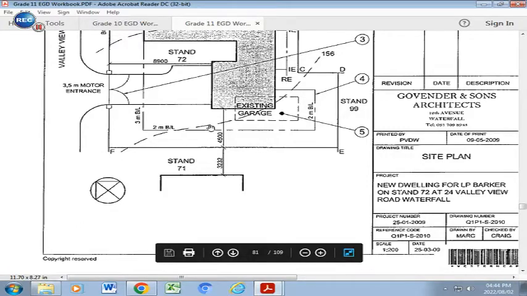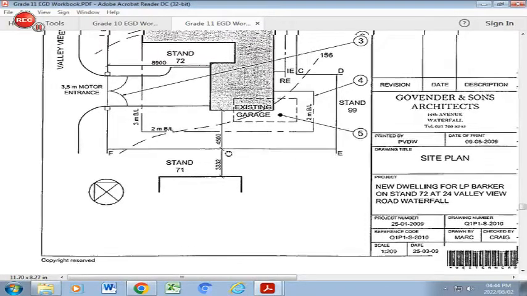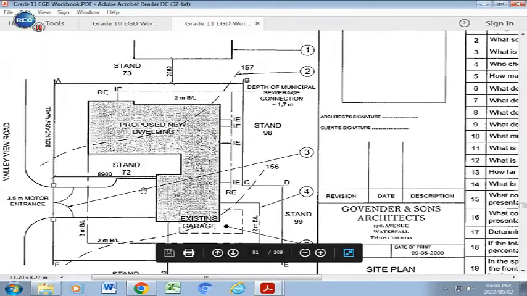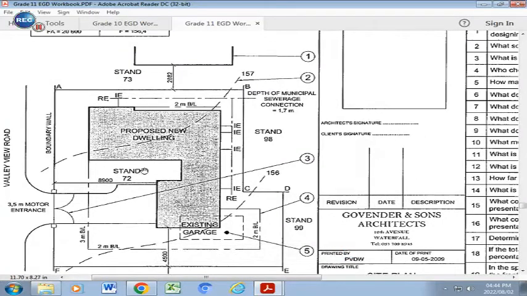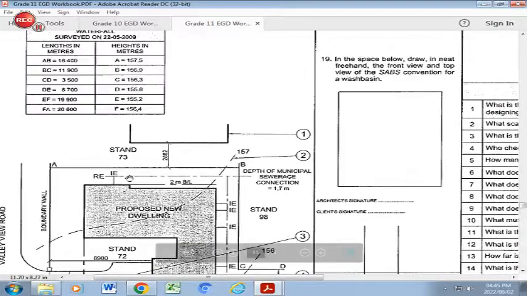Your west is going to be on this side, and your east is going to be on that side over there. So to make this question a lot easier, I would take my direction north point sign and place it right here in the middle of my existing stand, which is stand 72. So up there is going to be north, down here is going to be south, this is going to be west, and that's going to be east, and between north and east is going to be stand 73.